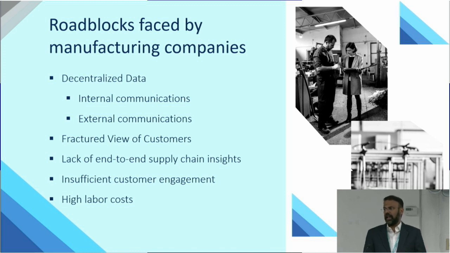When you get an order from a customer, whether you are doing customized make-to-order products, or even if you're doing make-to-stock, to tell the customer when they can expect their shipment, you need complete visibility into your manufacturing process, into your supply chain, what is in your inventory, how much time it takes for you to order stuff, get it, and manufacture it. And this is not possible unless you have an integrated system.